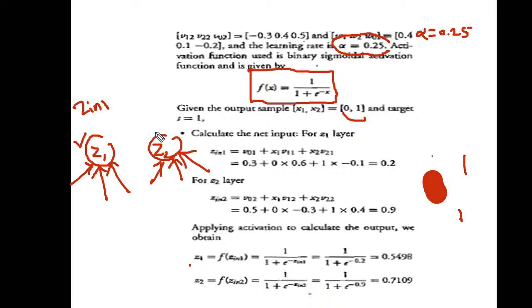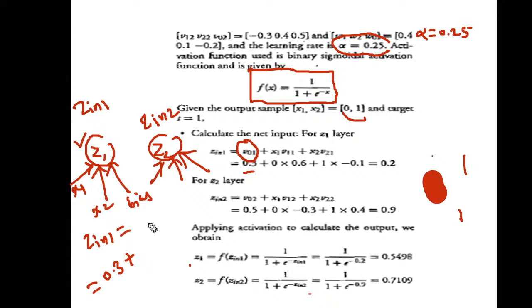Similarly at this particular neuron I will say z in 2, the total net input at z2. So z in 1 can be calculated as follows. What different weights are coming? One is v01, that is the bias, and this is 0.3. Because the bias is directly added, connected by weight 1, 1 into 0.3 will be 0.3 only.